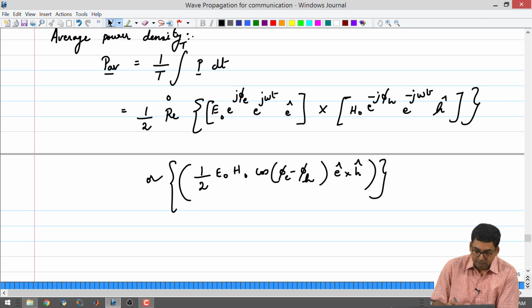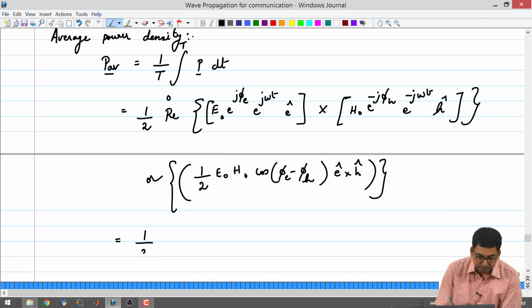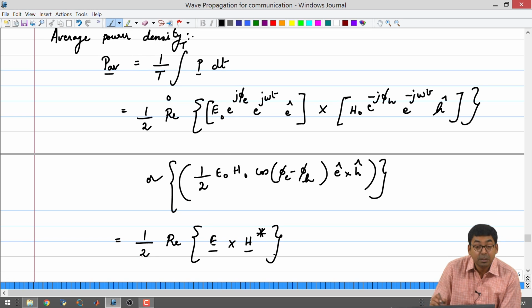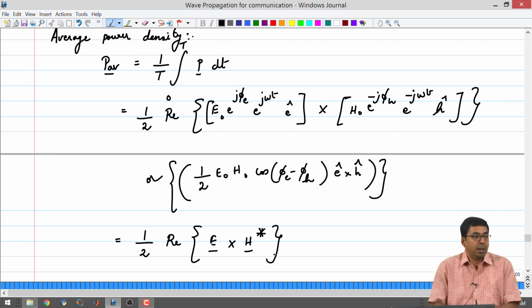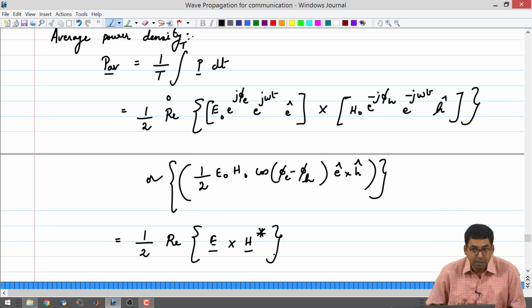Which just means that we could always write down the average power to look like half the real part of E cross h complement. So, E cross h complement is the correct way to write the actual power. The complement there comes because you have a phase difference between E and h, phi E minus phi h.